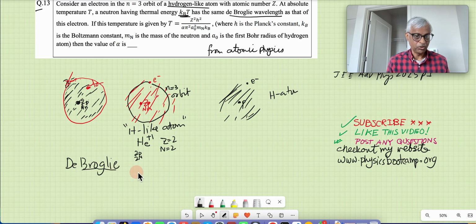Okay, so if the electron has a momentum p, anything that has a momentum p you can think of as a matter wave with wavelength lambda equal to h over p, where h is the Planck constant.